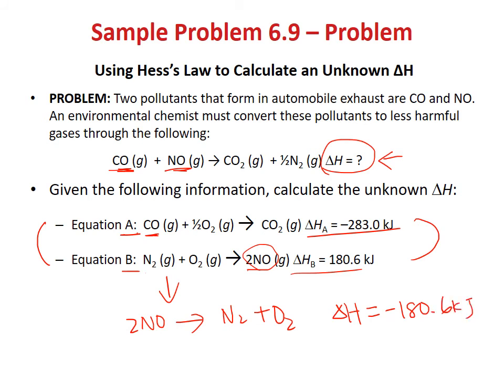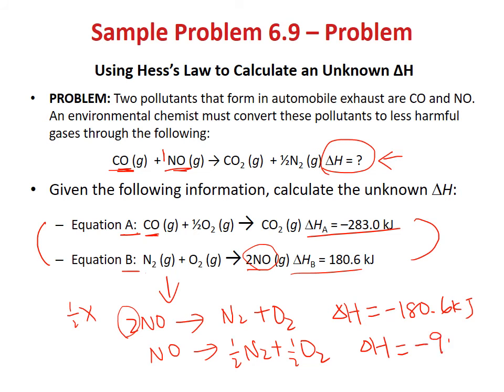Now do we start with the same reactants? Not yet, because in the overall reaction the coefficient is 1, and here it is 2. Therefore, we need to multiply by a half. So NO forms half nitrogen and half oxygen, and the delta H also needs to be divided by 2. That gives you negative 90.3 kilojoules.